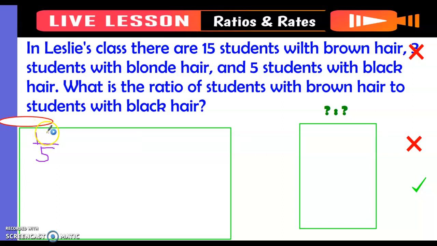Notice I'm going to put my brown at the top because it says brown to black hair. So the question is, what is the ratio of students with brown hair to black hair? This is the ratio, but you want to make sure that you simplify. Both 15 and 5 can be divided by 5, which is going to give us 3 to 1. So the ratio is 3 to 1.